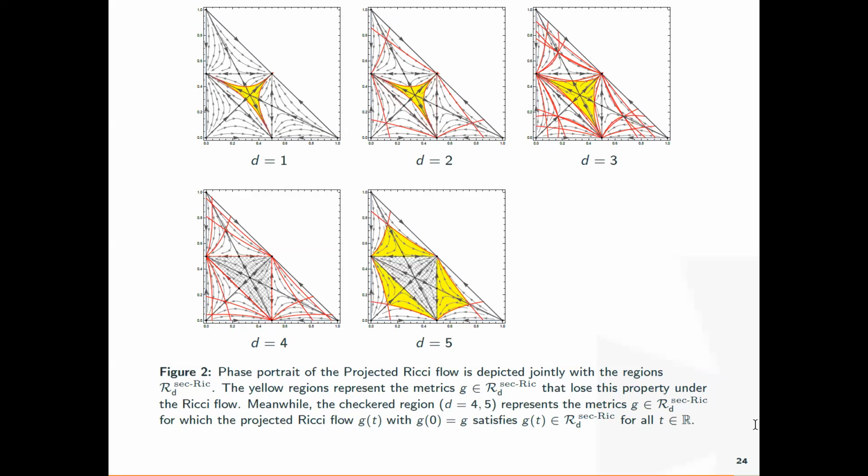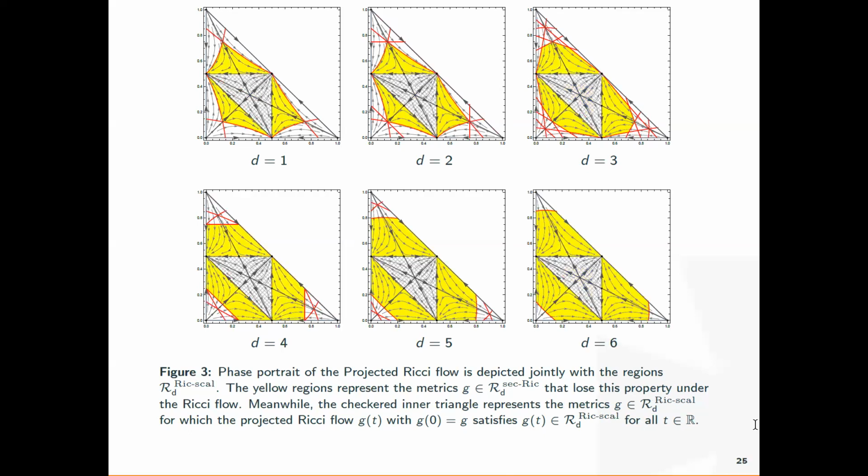which consists of every possible solution to the homogeneous Ricci flow. So every point picked there is just an invariant metric with positive intermediate curvature that loses this property under the homogeneous Ricci flow, either forward or backward. And of course, this is the notion varying from Ricci to scalar curvature. So d equals 1 is Ricci curvature, and d equals 6, that's the dimension of the manifold, is positive scalar curvature.